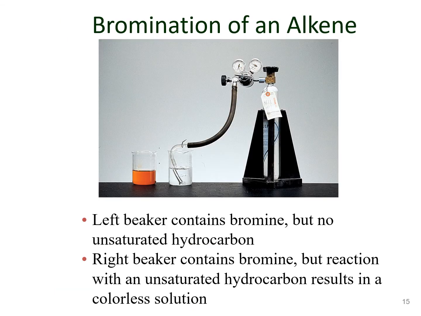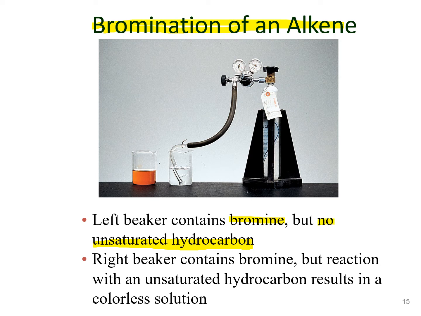So the halogenation reaction is shown, how to do it in the laboratory. This one is a bromination of an alkene. The left side beaker, which has got orange color, is the one that has bromine only. No hydrocarbon is added, or no alkene is present in that one.